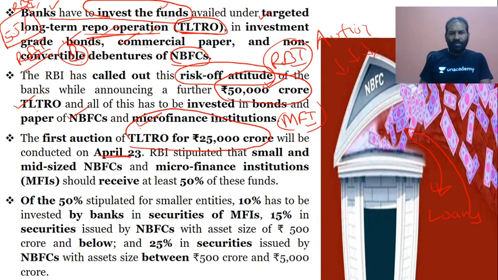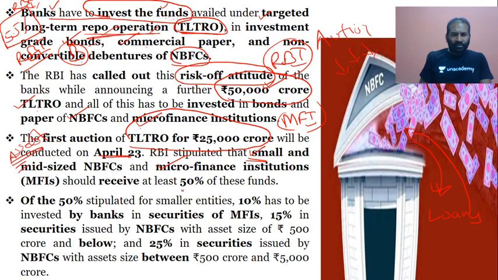Then what RBI says is that out of this 25,000, the money has to get into the small and mid-sized NBFCs first. That is calculated on the amount of asset value the mid-size and small size NBFCs have, and then also pumping money into the micro financial institutions.